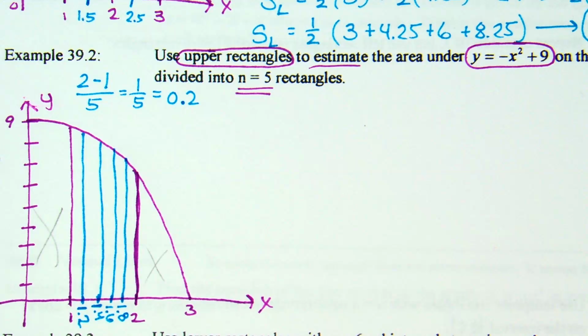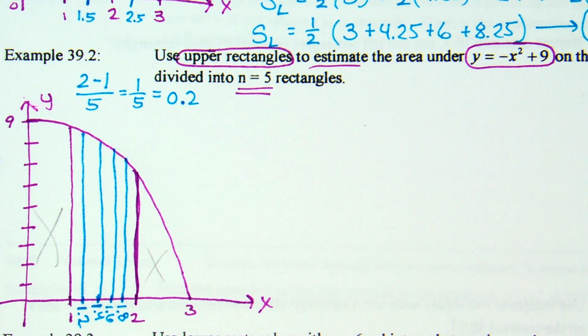What kind of rectangles are we drawing this time? Okay, it's upper rectangles. That means the top of your rectangle is outside of the curve. Last time, they were under the curve, so our estimate was on the small side. This time, my rectangles are going to be outside of the curve.